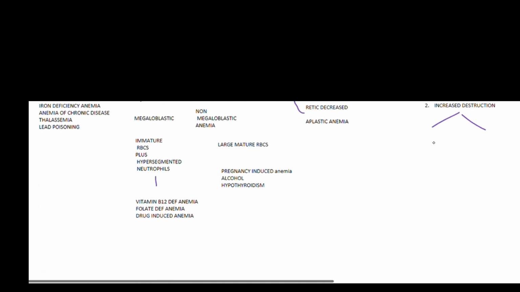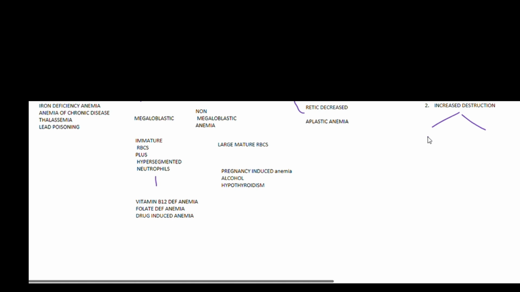So increased destruction is classified into two categories here. Okay, so blood or RBC destruction can be inside a blood vessel or it can be outside the blood vessel.